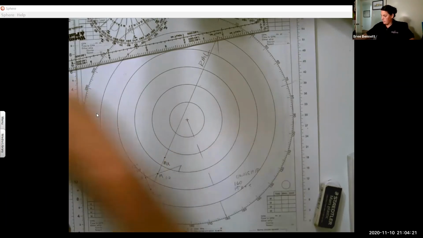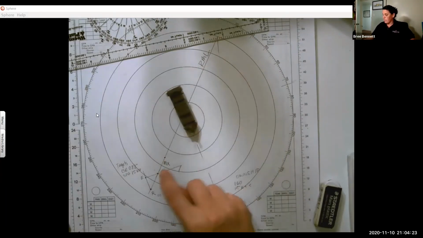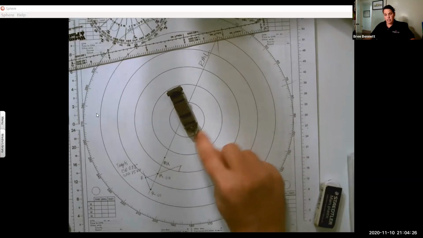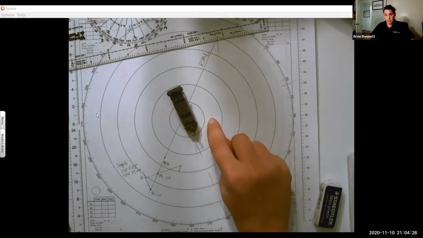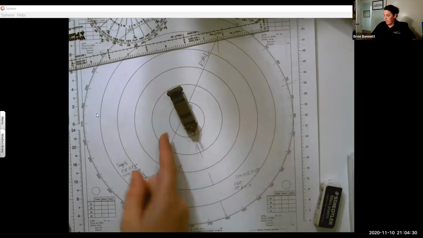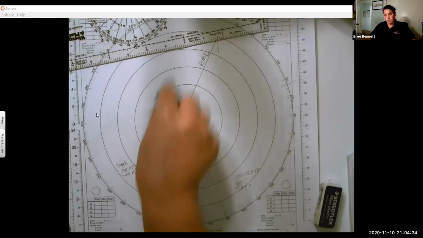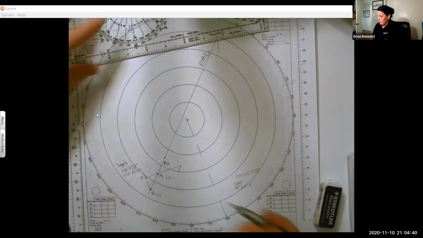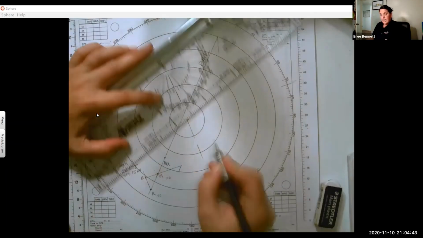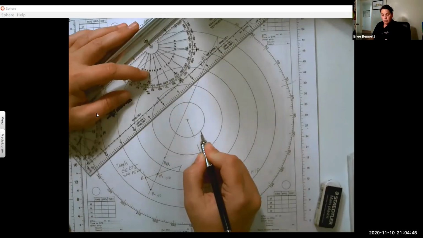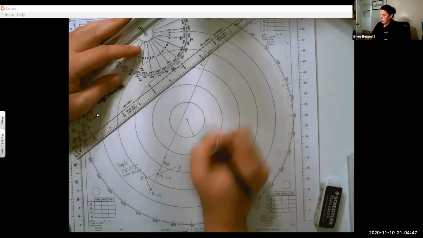This is our heading, and I want their relative motion line to pass in front of us so that I go to their stern. So when I bend this, a new relative motion line, I'm going to go to this side of the 2 miles, right? Our CPA is going to be 2 miles.